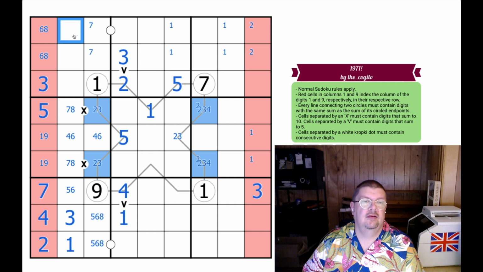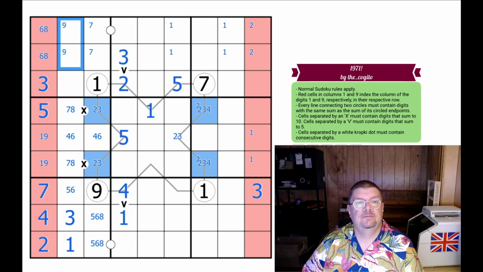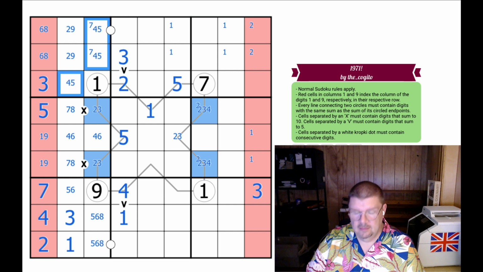So that's going to index a 9 into one of those two cells. 2 in this box must go into one of those two, so that's actually a 2, 9 pair. And this is 5, 4, and 7. And this is not 7.